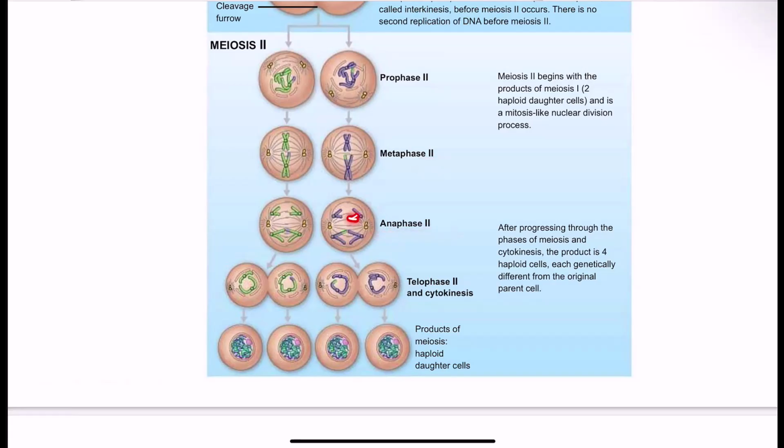Anaphase 2 is separating the sister chromatids, so notice this purple X is now one sister chromatid and two sister chromatids, and now they're being pulled in separate directions. Anaphase 2 is followed by telophase 2 and cytokinesis, which means that we'll pull those cells apart and separate them. And then we'll have 4 genetically unique daughter cells, and they're all haploid.